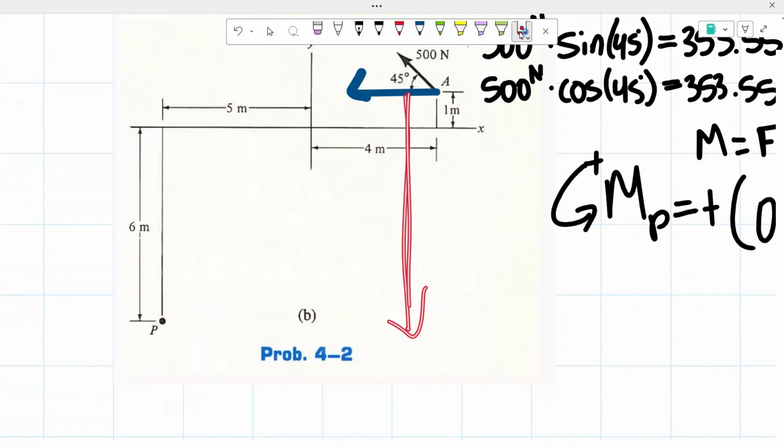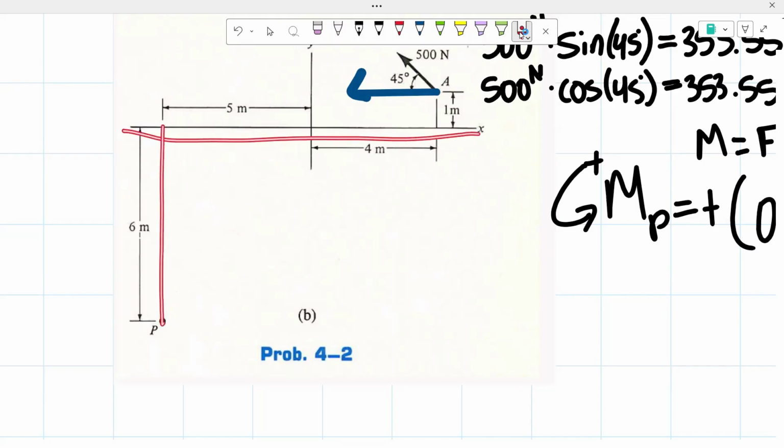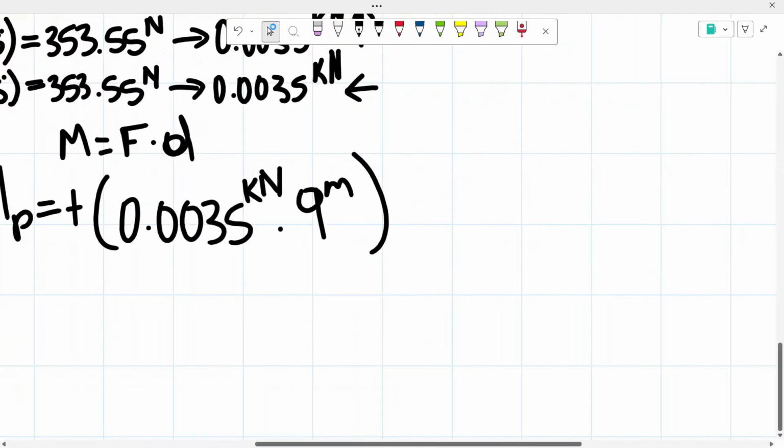So our distance is going to be this length. As you can see, our horizontal force to our x-axis has a distance of 1 meter, and then from our x-axis to that point P has a distance of 6 meters. So we do the 6 meters plus the 1 meter. So that's a total distance of 7 meters.